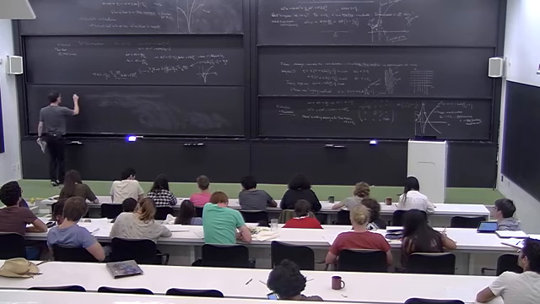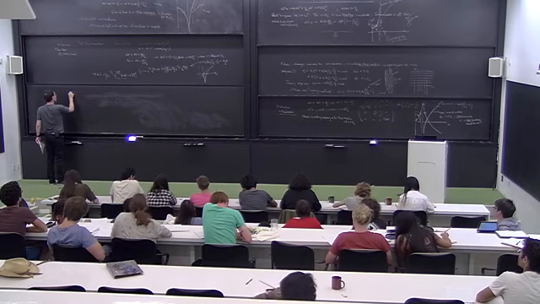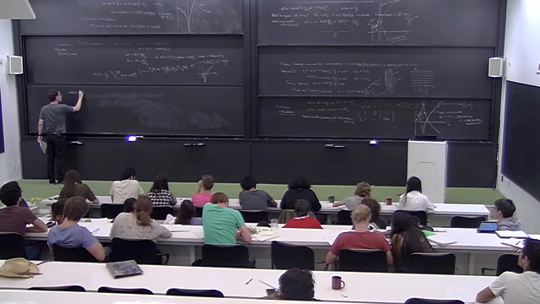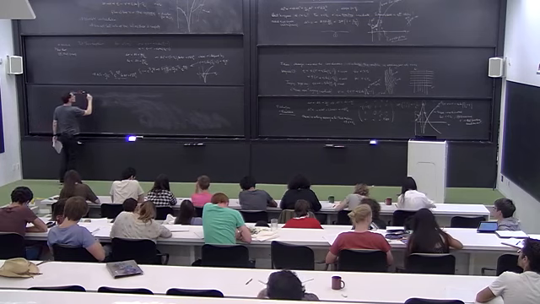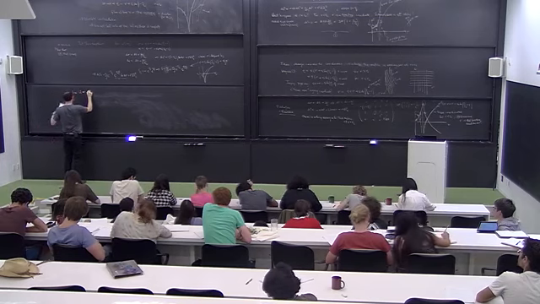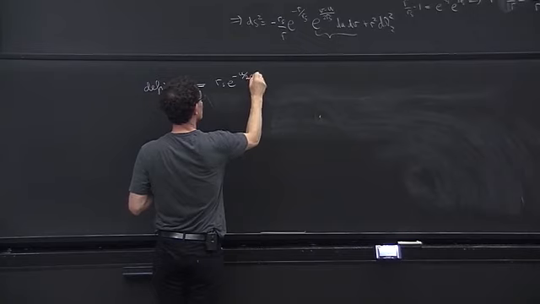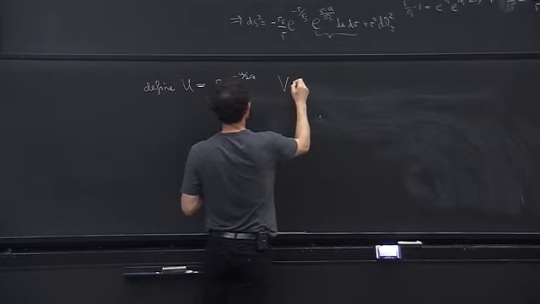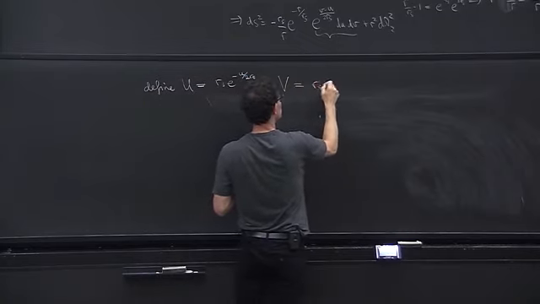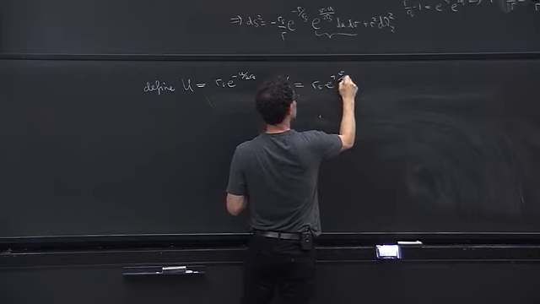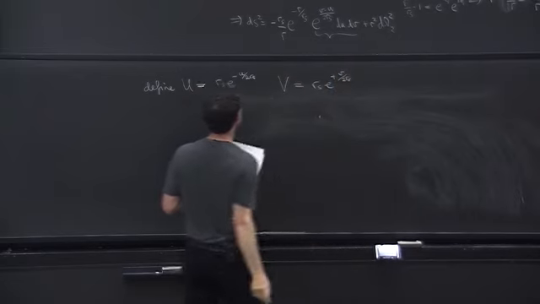But an even nicer simplification is to define capital U to be rs e to the minus little u over 2rs, and capital V to be rs e to the plus v over 2rs.